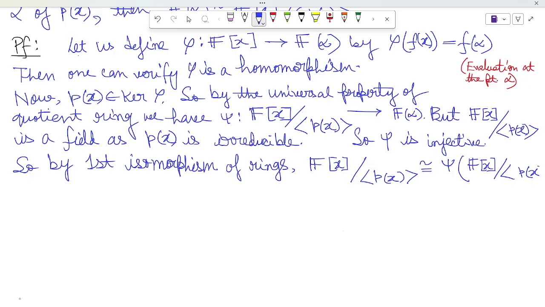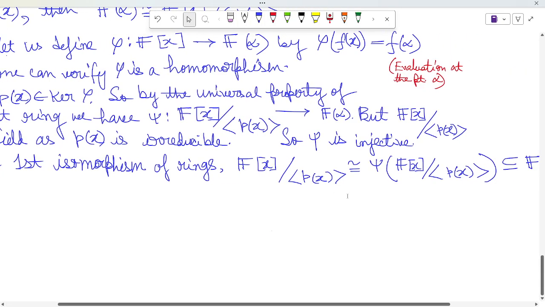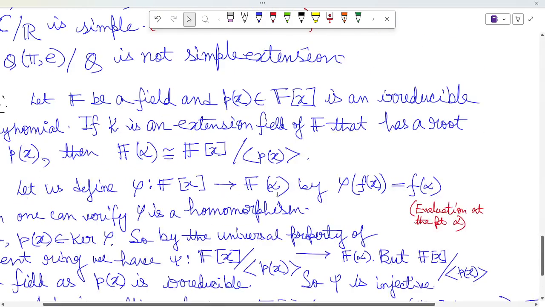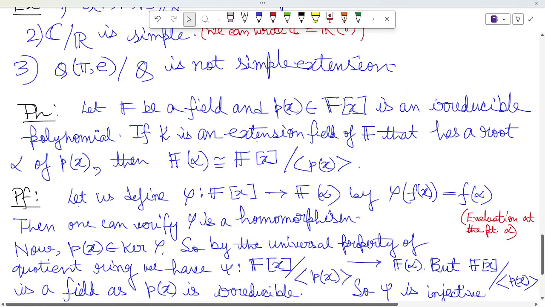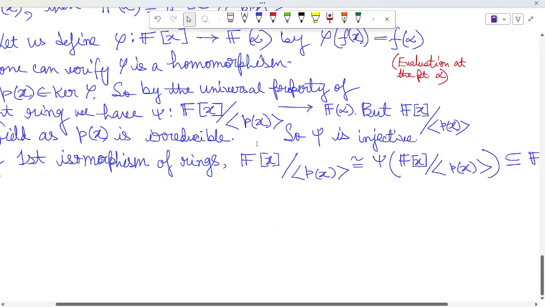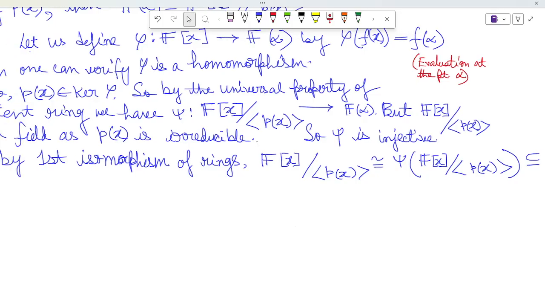See, this image is a subfield. It is a field. The homomorphic image will be a subfield, and it contains F because the left-hand side contains F, and also contains alpha, because I assumed that K contains alpha. So this contains the isomorphic copy of alpha. What will be psi of alpha? That will represent alpha.